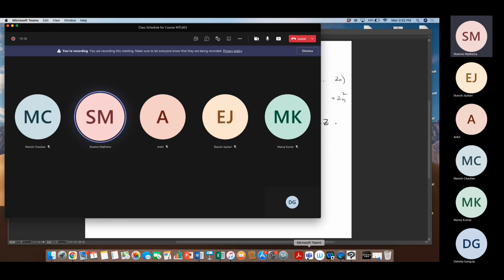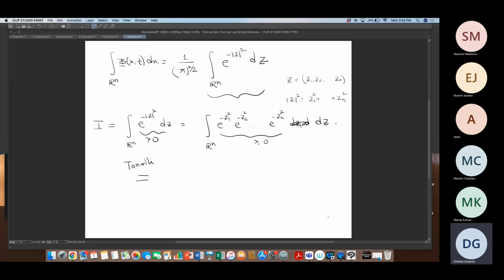We have heard about Fubini's, but not about Tonelli's. Okay, Tonelli's means if the function is positive, you can change the order of integration. You understand? Same theorem, this is also known as Fubini.